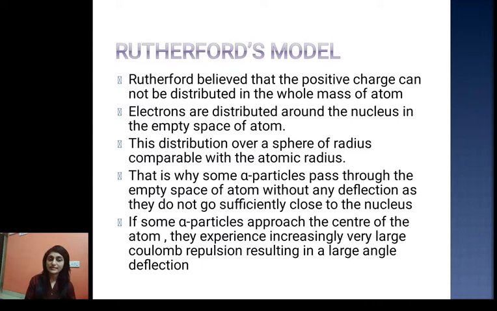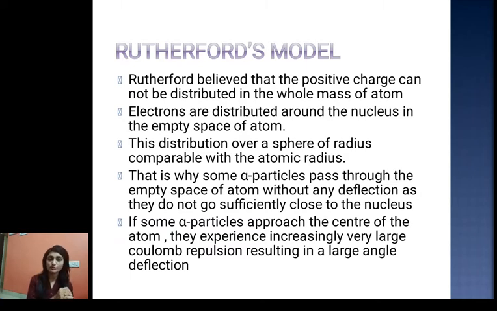Electrons are distributed around the nucleus in the empty space of the atom, over a sphere of radius comparable with the atomic radius. That is why some alpha particles pass through the empty space of the atom without any deflection, as they do not go sufficiently close to the nucleus.